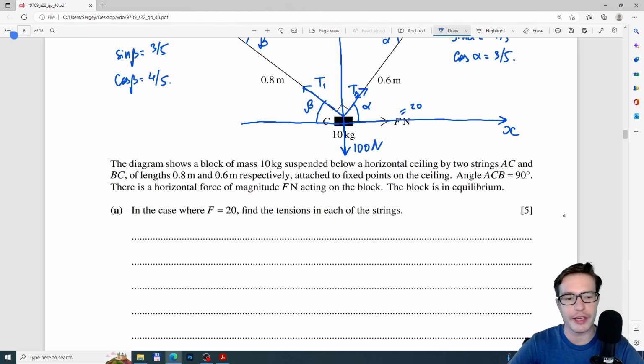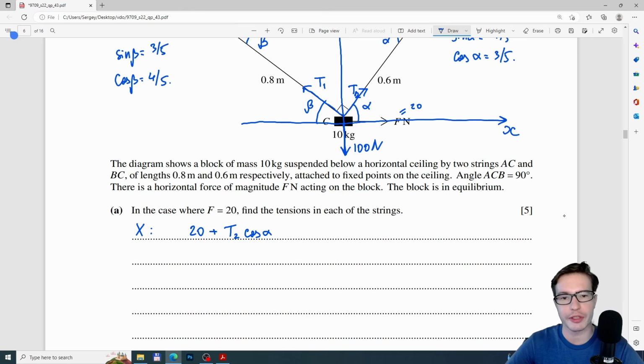Okay, so let's start with the x-axis first. We've got F, and it has the same direction as the x-axis, so I'll take it with the positive sign. We also have the x component of T2, so plus T2, and the x component is adjacent to the angle, so multiply by cosine alpha.